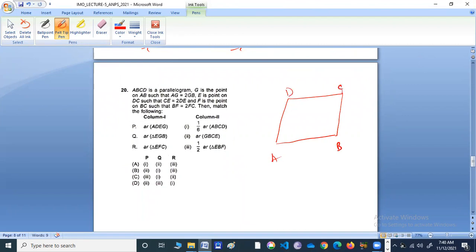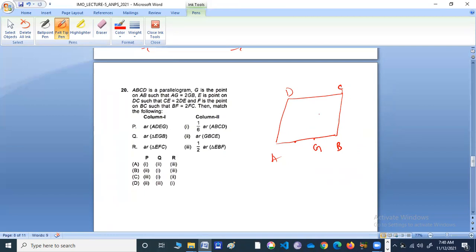G is a point on AB such that AG is equal to 2GB. That means GB is equal to half AG. So it divides in unequal parts.